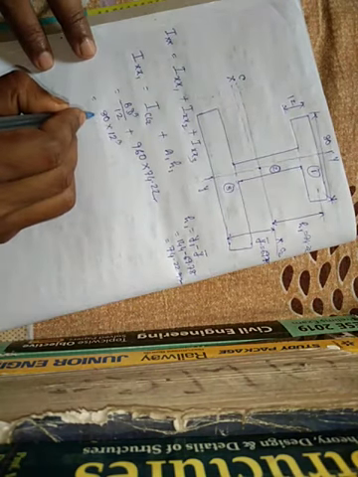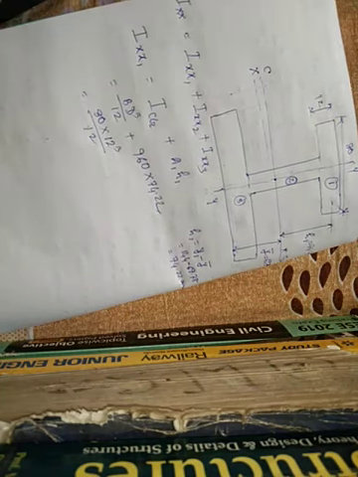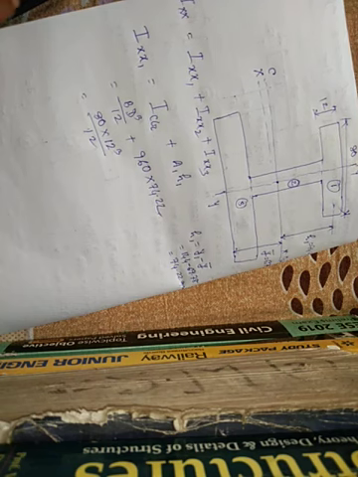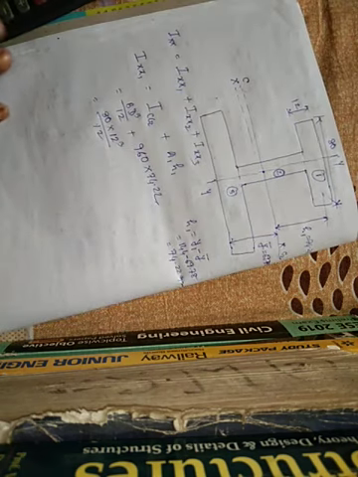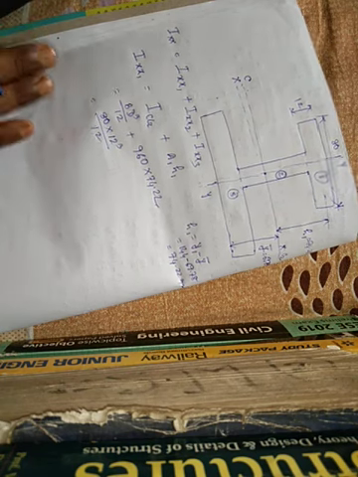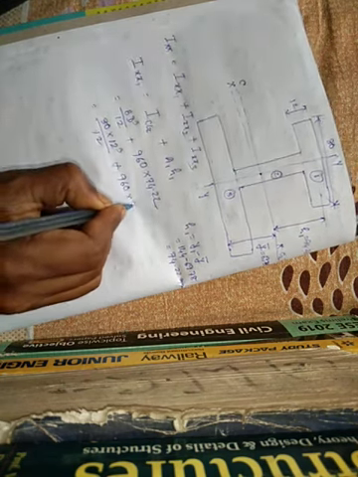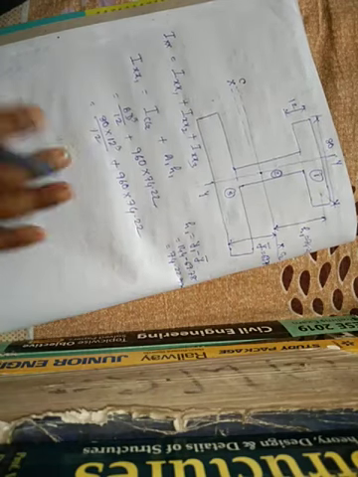So 80 into 12 cube divided by 12 plus 960 into 74.22 squared.